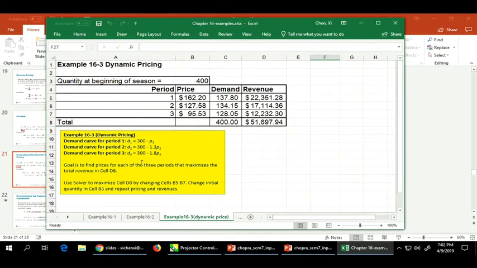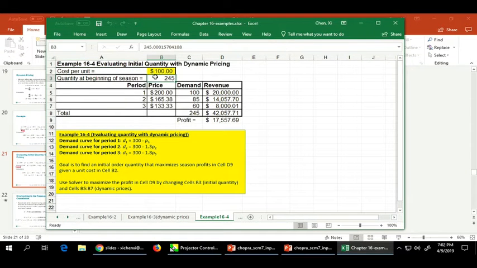Okay, so quickly, this is the previous problem where the quantity is fixed at 400 in the beginning of the selling season, and this is when you make it a decision variable. You also decide how much to purchase in the beginning.